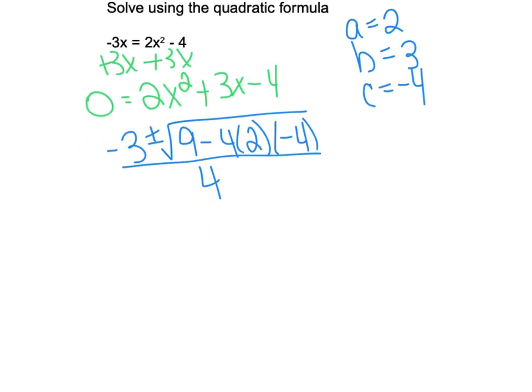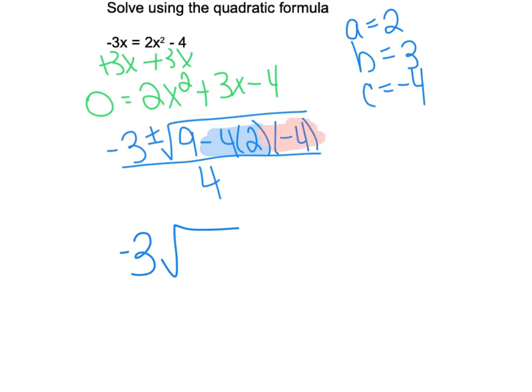Okay, so you need to be a little bit careful in here underneath of the square root, because when we did this in class, a lot of kids got a little bit confused underneath of the radical. You have 9 minus 4 times 2 times negative 4. So if we're going to think about that, okay, negative 4 times 2 is negative 8.